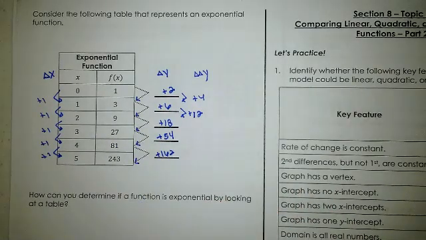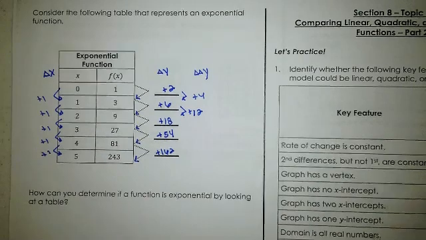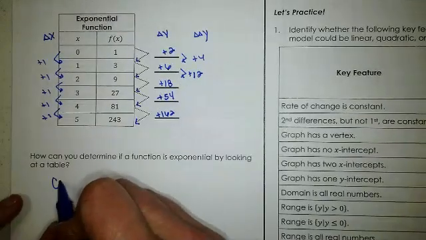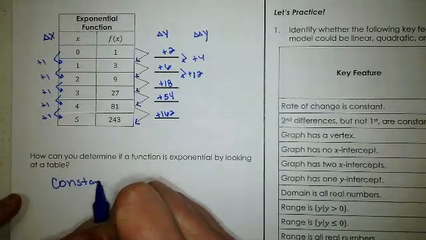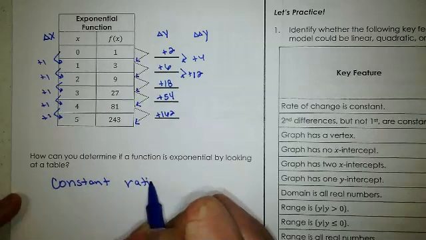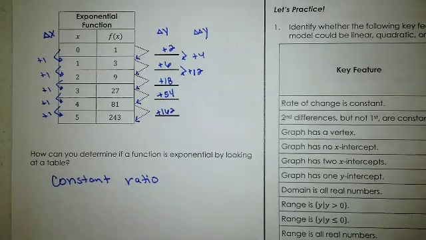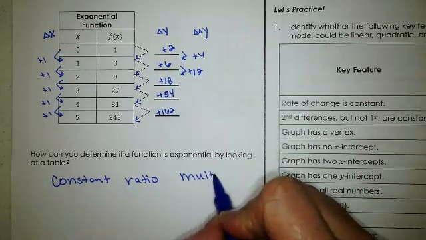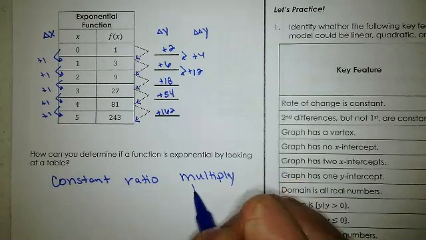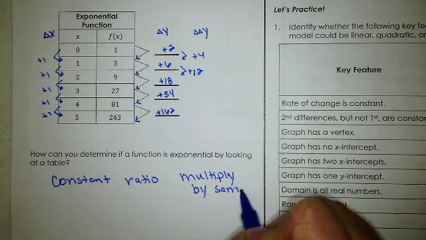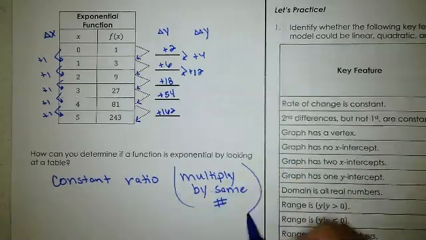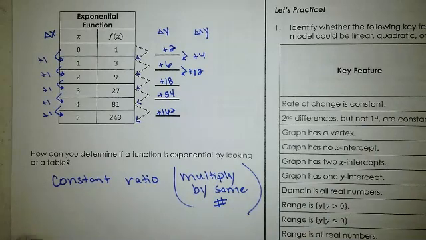So in exponentials, you have a constant ratio, meaning you can multiply by the same number. You're going to multiply by the same number to get from one x value to the next.